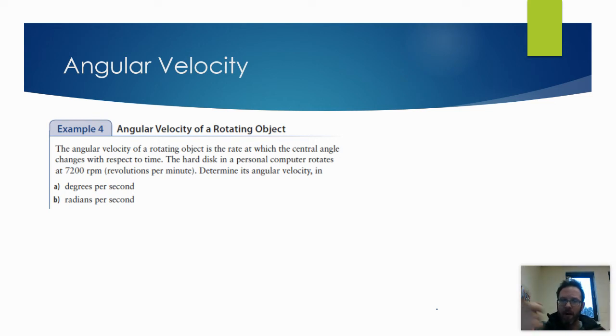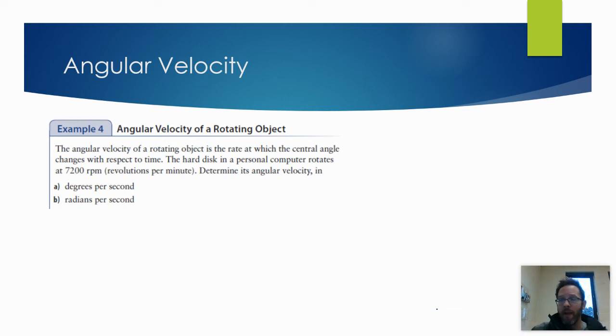Like, if you spun a bike wheel really fast, it's not very pleasant to touch the wheel, right? So this idea of angular velocity is something that you're going to explore a lot more if you take some physics in university. But angular velocity is just a way of measuring how fast something is spinning round and round. One way to measure that is in revolutions per minute, or RPMs, as you might have heard.